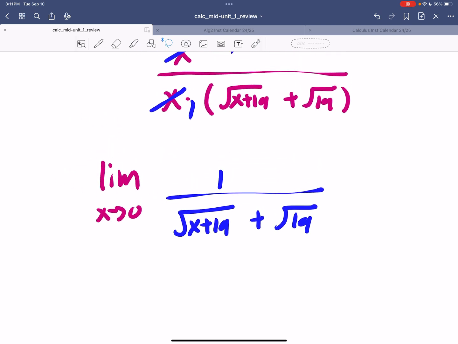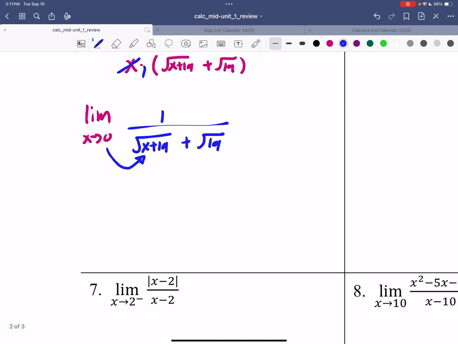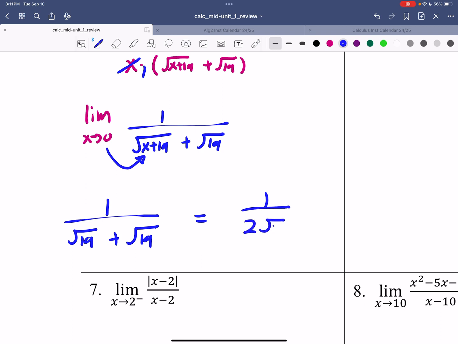Now, because we crossed out x, which would give us 0, it is now safe to plug 0 in here because that's not going to give us anything crazy. So now I have 1 over square root of 19, because 0 plus 19 is 19, plus square root of 19, which gives you 1 over 2 square root of 19.